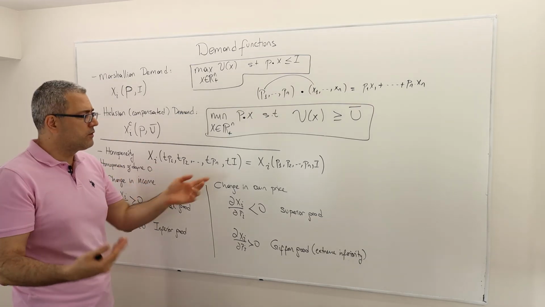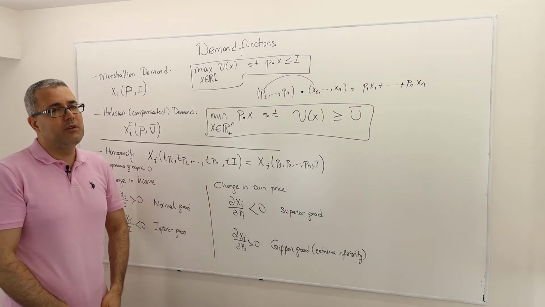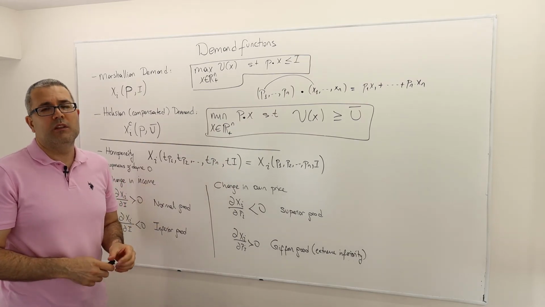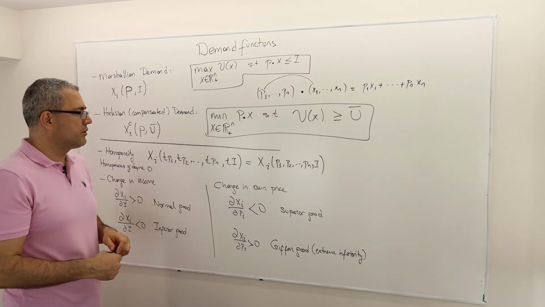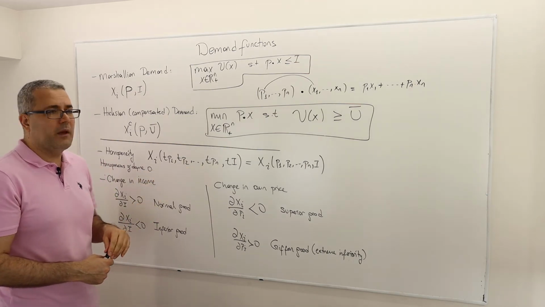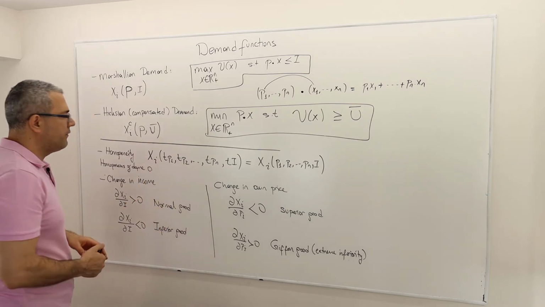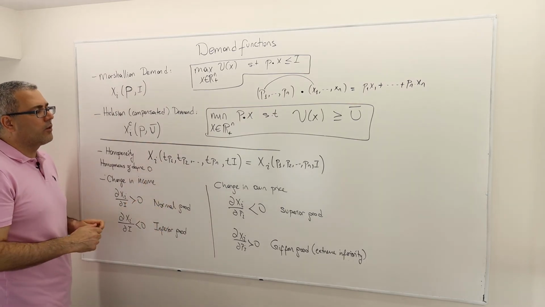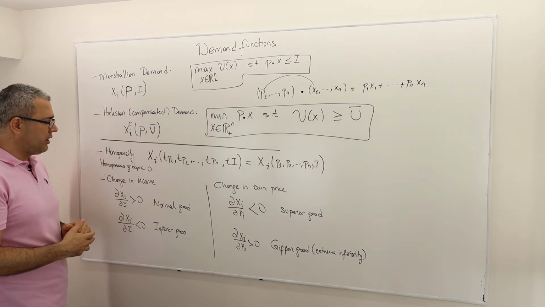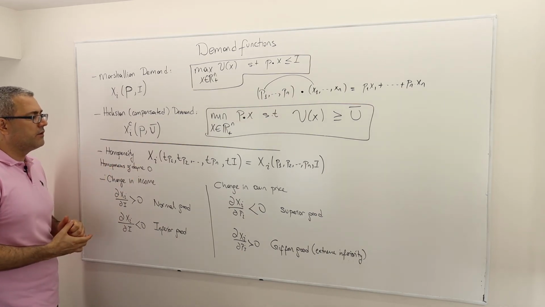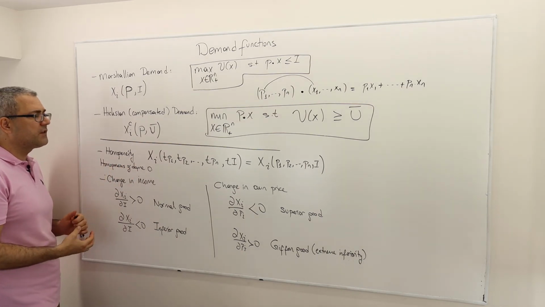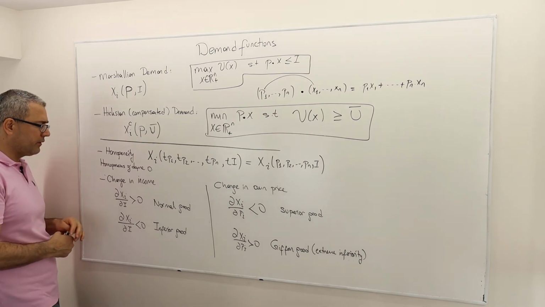Most of the time, income usually does not change with the inflation rate, unfortunately, and therefore demand usually changes with inflation. But again, if they all scaled up or down together, the demand will not change. This is the homogeneity of degree 0, a property of the Marshallian demand curve.